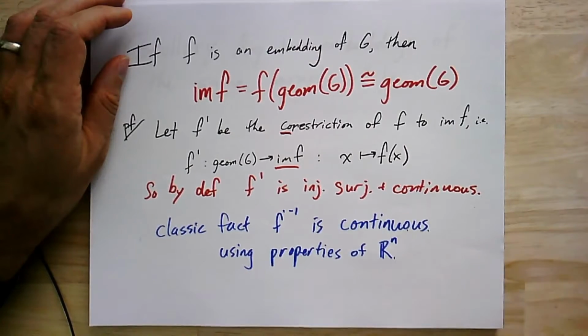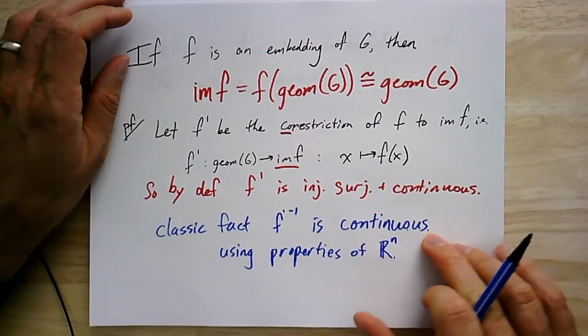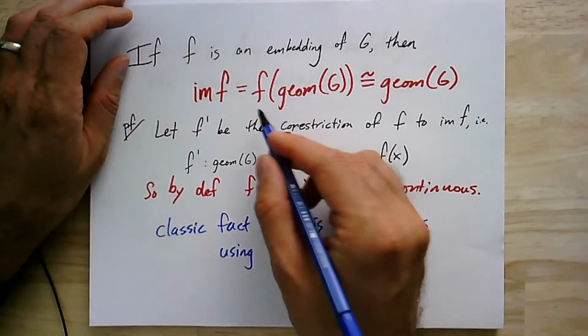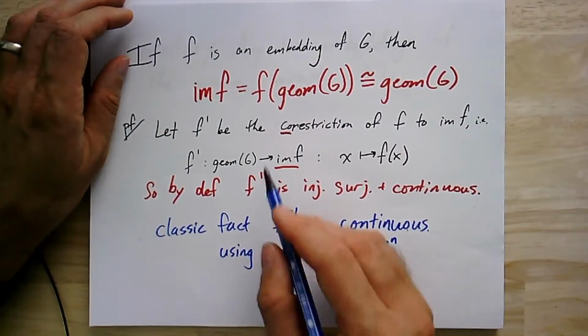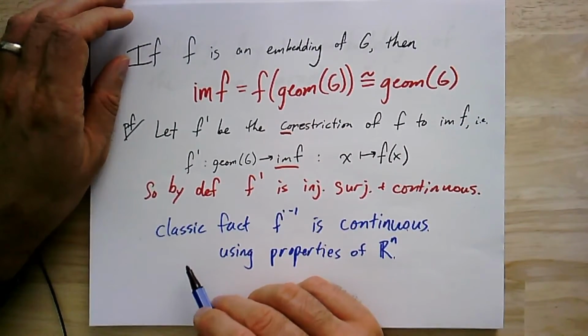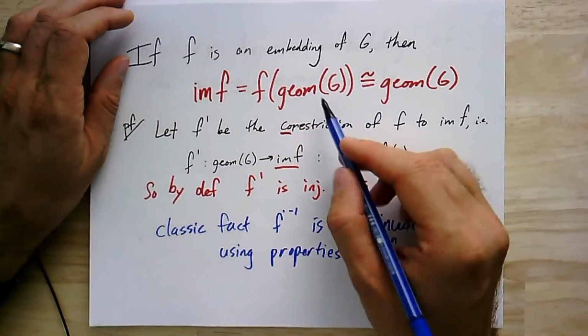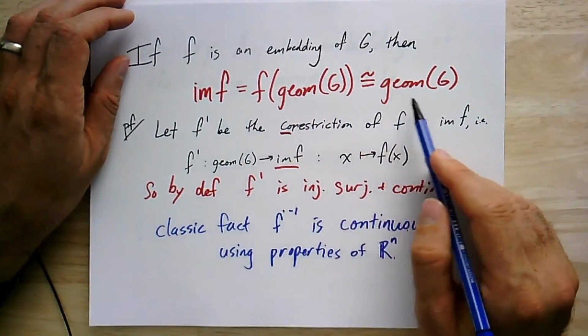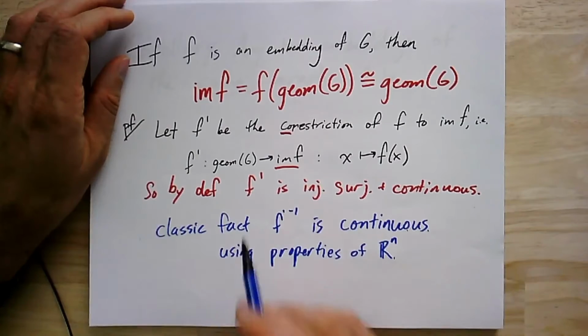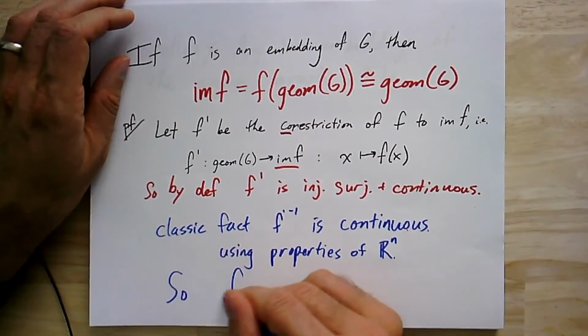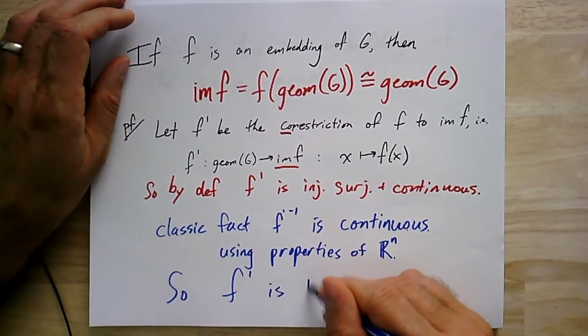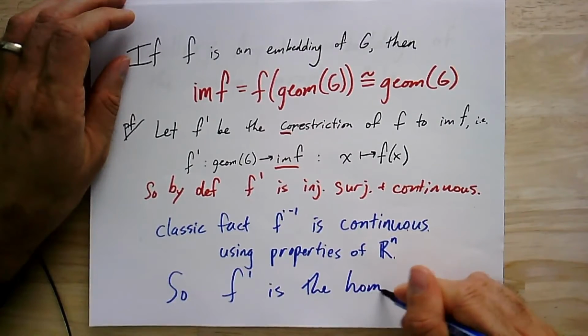And if not, you can look it up, or if you don't care, you can just accept it for now. But this implies, of course, exactly what we wanted, because now it implies that f prime is an isomorphism. So the isomorphism between the image and the geometric realization. So that is, in fact, the homeomorphism we want.